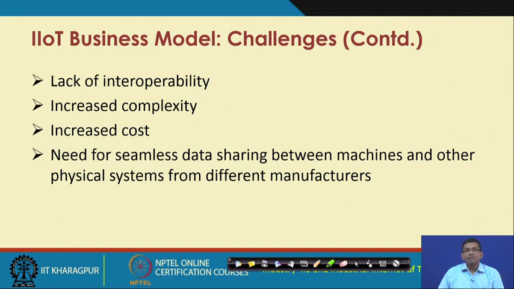So, what is very important is to ensure that when you are integrating all of these different machinery, there will be seamless integration of this data, and it is going to be shared seamlessly between these different machines and the other instruments in the cyber physical system that have been developed by different vendors.